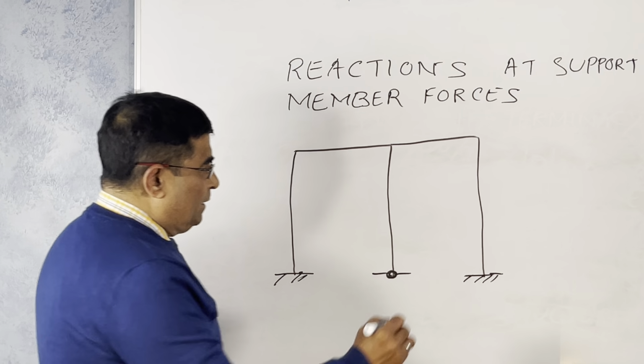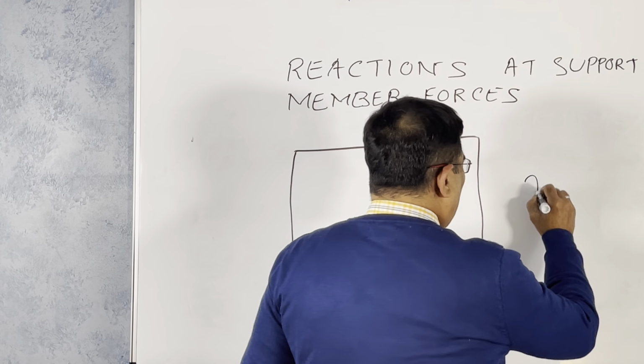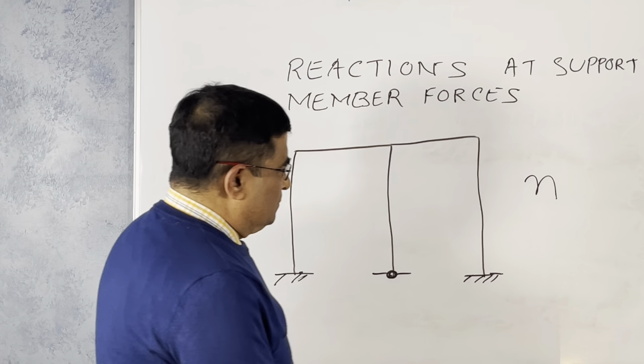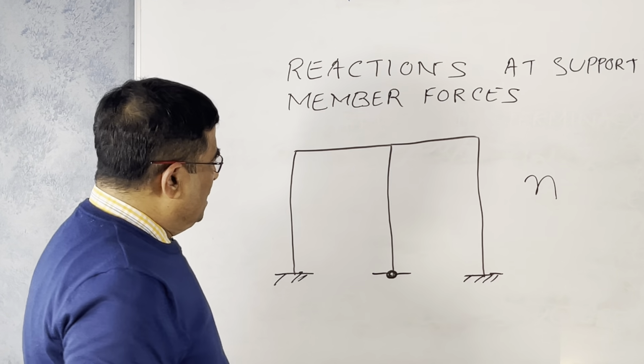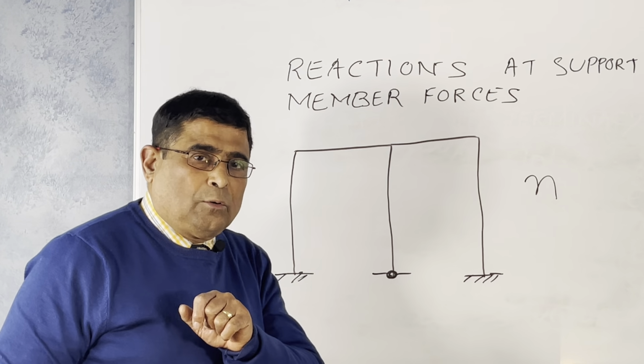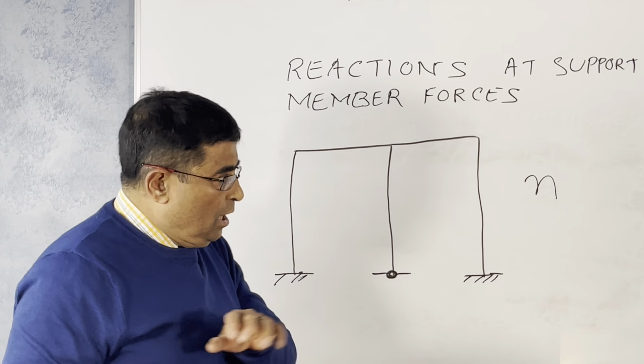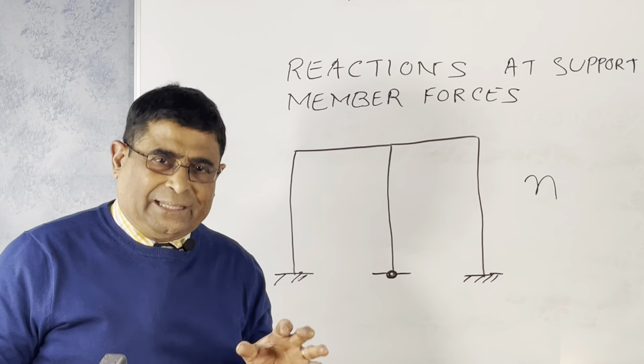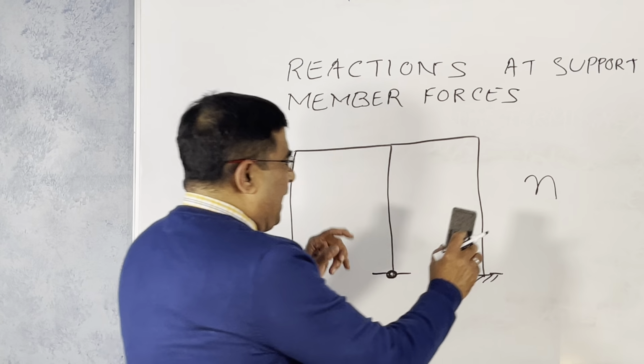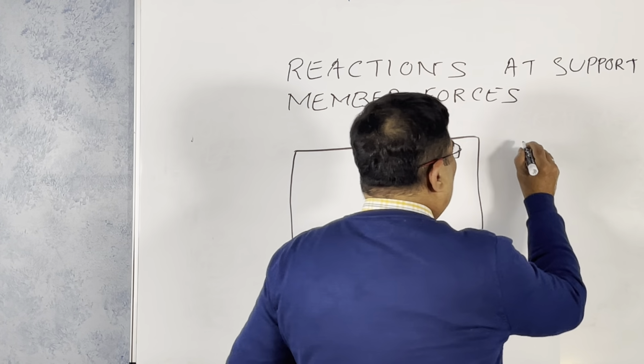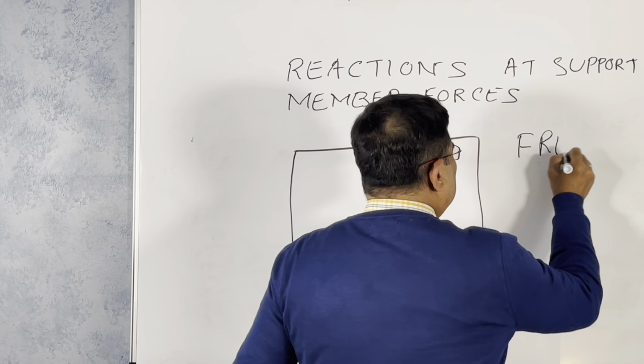How many ends are there? I'll show you how to find them. Before that, I would like to tell you one thing: the free body diagram. We should know a little bit about free body diagrams.